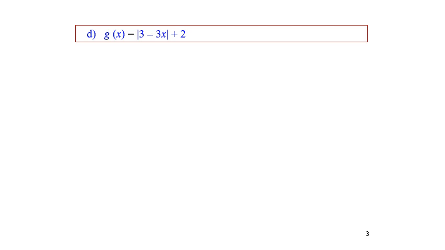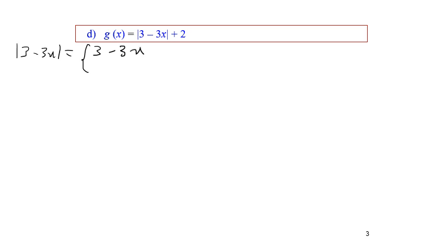For question D, the function g is given as absolute of 3 minus 3x, plus 2. So in this case, we have to check the definition. As you can see right here, we have positive and negative definition.